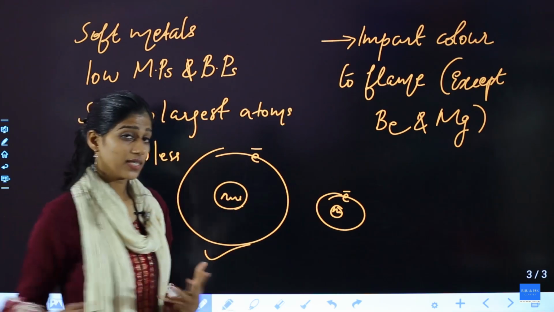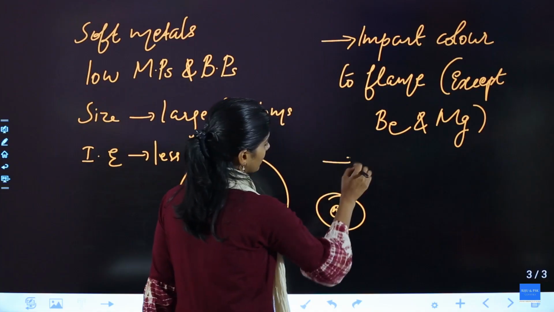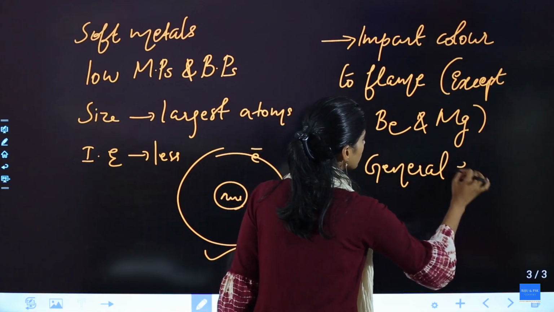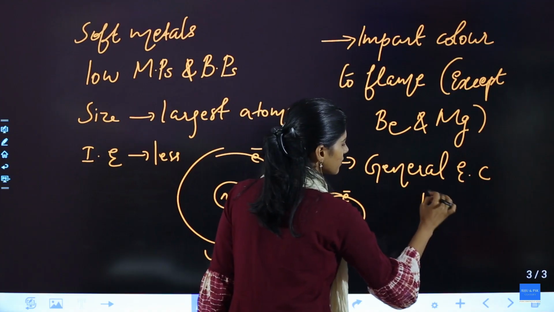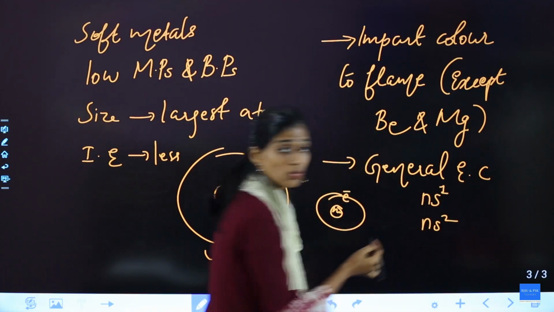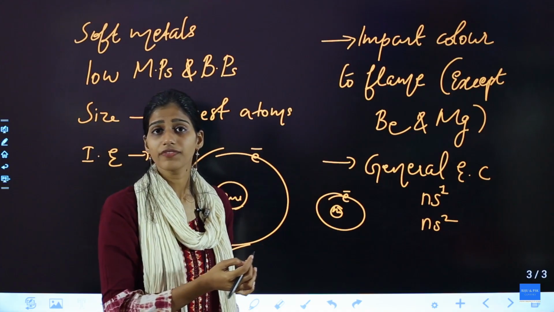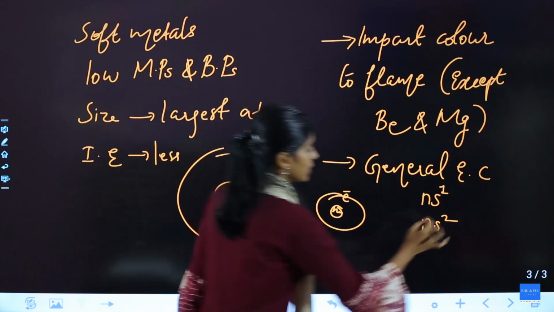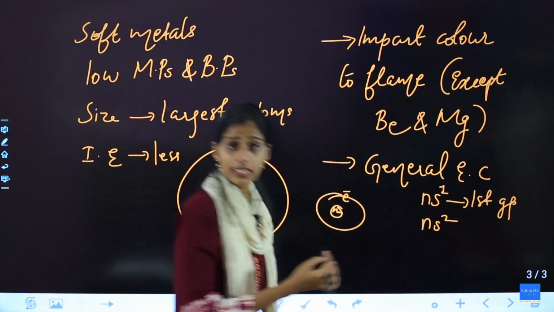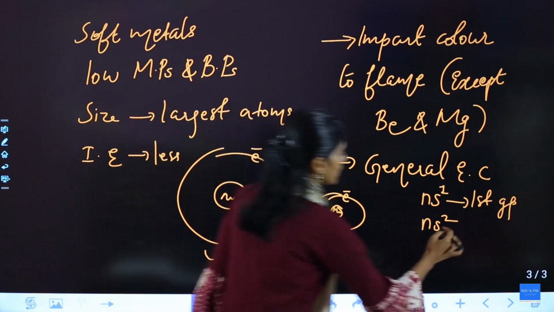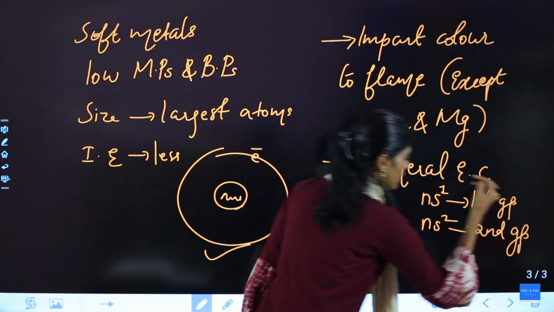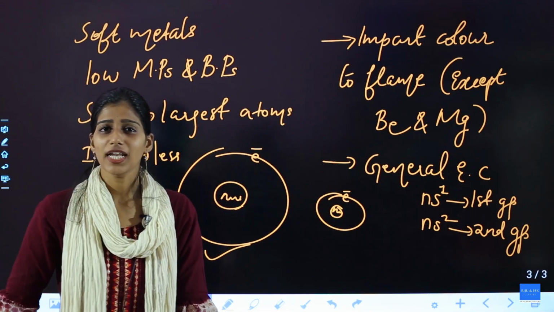Anyway, we have discussed its general configuration. How will you write its general electronic configuration, children? It is either ns1 or ns2. What is the outermost configuration? ns1 is for your first group, the alkali metals, lithium, sodium, etc. And for the second group, the alkaline earth metals, the configuration is ns2.